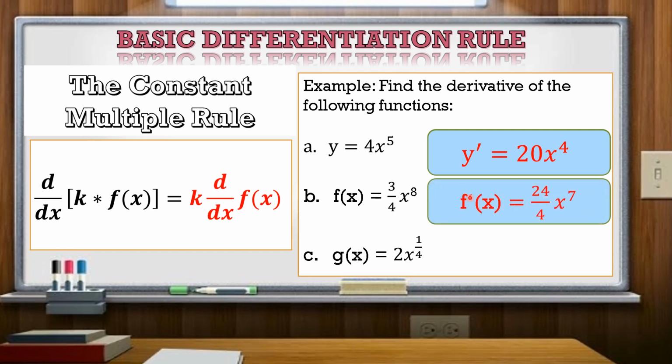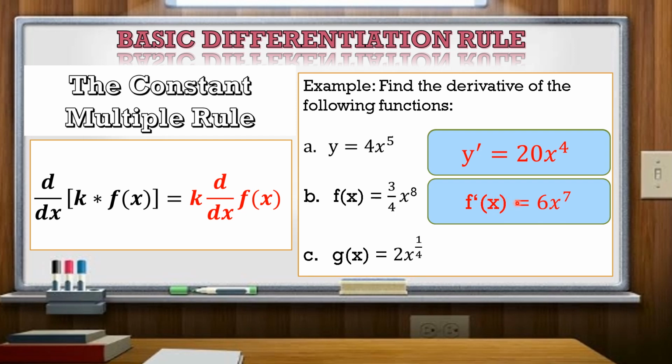Okay, derivative of your f of x is equal to 8 times 3, that is 24 over 4, times x raised to 8 minus 1. Kaya naging 7 to. Then we will simplify further. 24 divided by 4, that is 6. X raised to 7. And that is the answer.